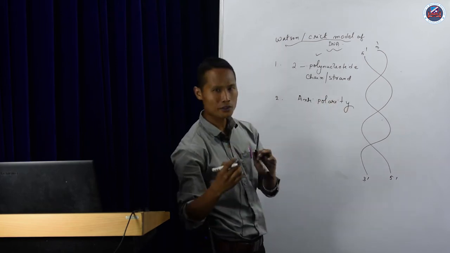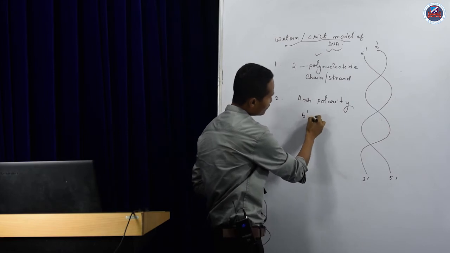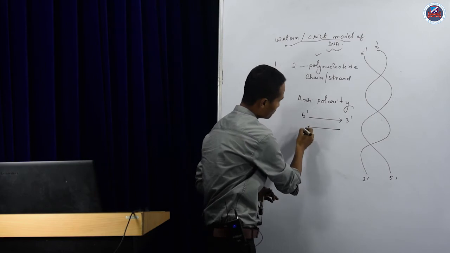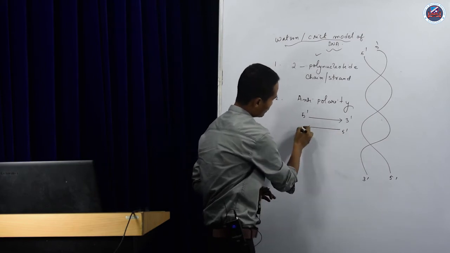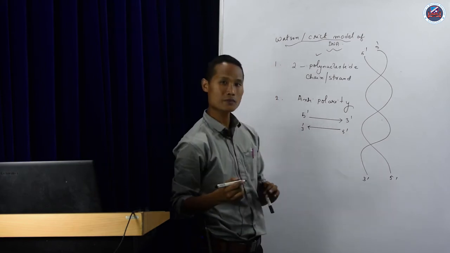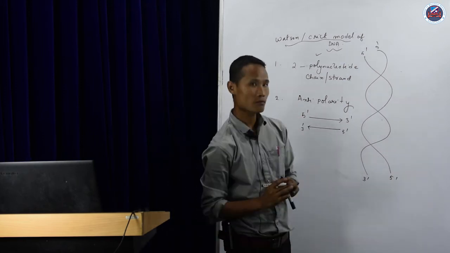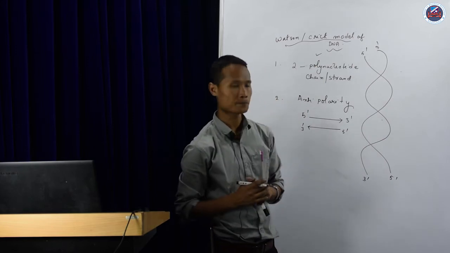What is anti-polarity? If one strand runs in the 5 prime to 3 prime direction, the other strand will run in the 3 prime to 5 prime direction. That is the rule given by the Watson and Crick model of DNA.